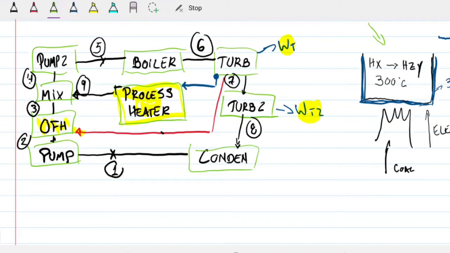So it's 2 completely different things. One, I'm taking advantage of the energy to do a reaction, to do a process on a chemical plant or a neighboring plant, this guy. And on the other one, I'm just taking advantage of the energy that I would otherwise discard and putting it back into my own cycle.